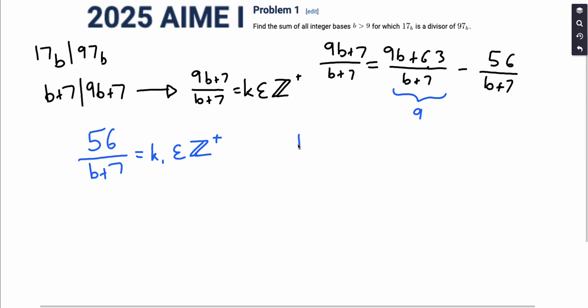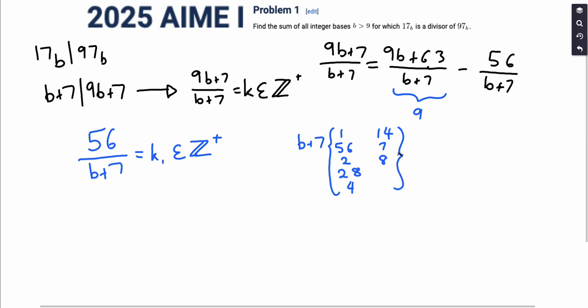So the choices we have are 1, 56, 2, 28, 4, 14, and, what other factors are there? I believe 7 and 8.